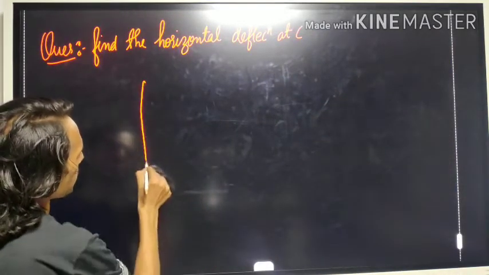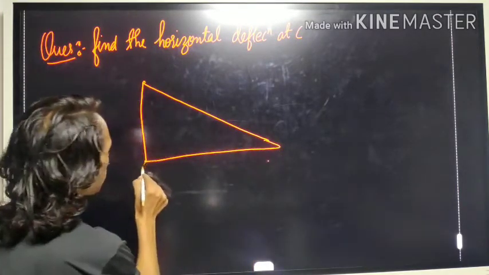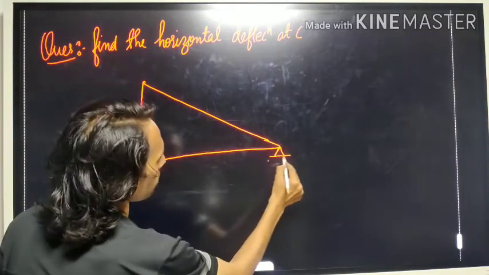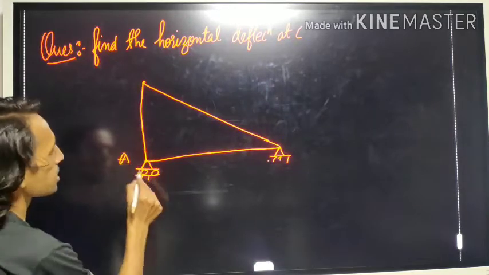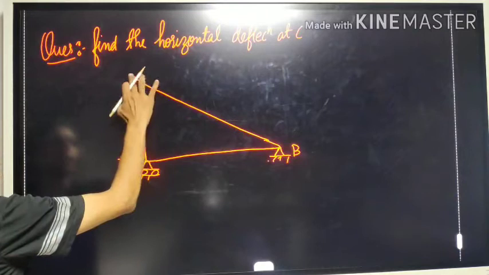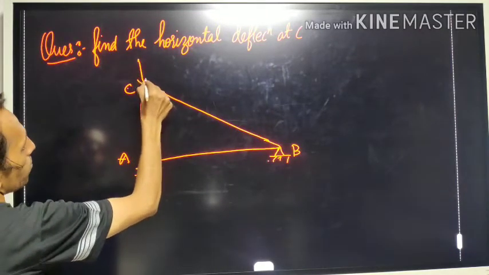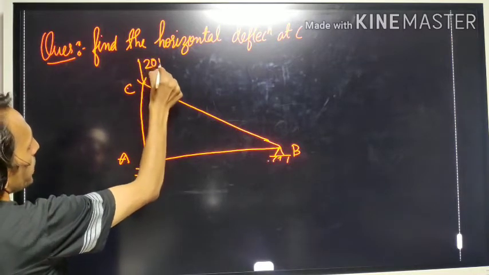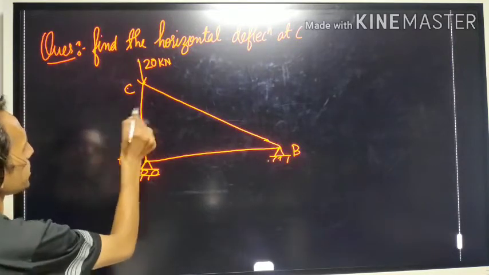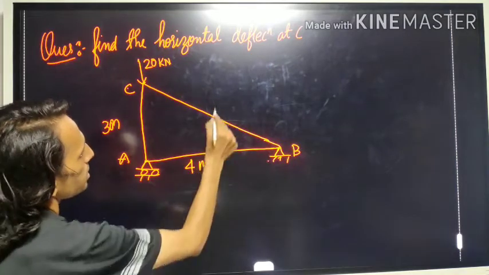So let's say this is some truss, some determinate truss. One support is roller, another support is hinge. Let us say this is A, this is C, this is B. There is some force acting whose value is 20 kilonewton. Let us say the height is 3 meter, this is 4 meter, and this is 5 meter.